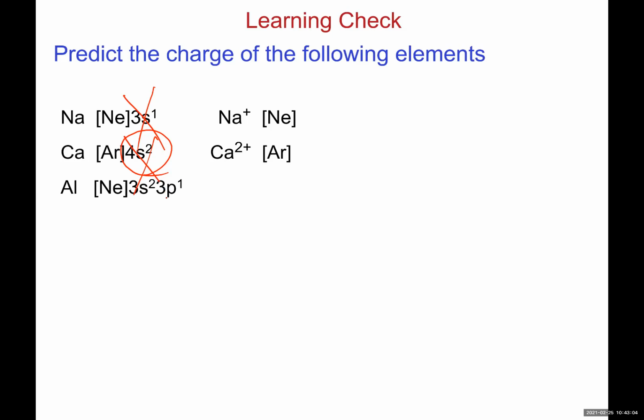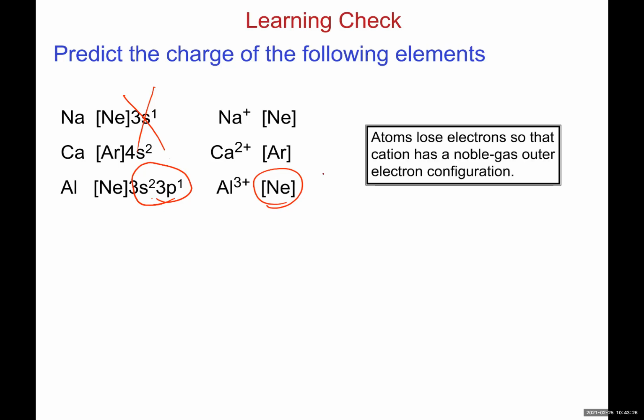And aluminum, look at aluminum. What do you see? Do you see it has got 3 electrons more than neon? And we know metals are going to lose electrons. So it's going to lose those 3. Now it has the electron configuration of neon, which is a noble gas that makes aluminum happy and stable.